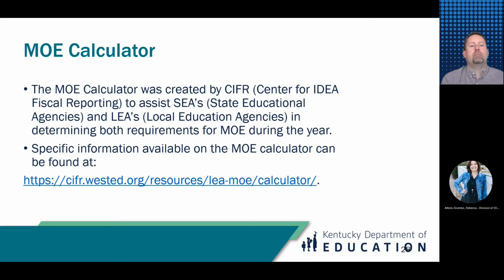The calculator was created by CIFR, that's the Center for IDEA Fiscal Reporting, to assist SEAs, KDE, and LEAs, all of you districts, in determining both requirements of MOE during the year. More information around that calculator can be found at this link.